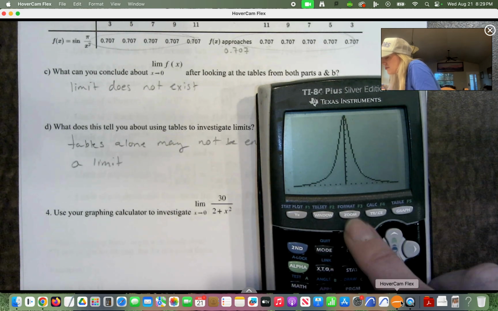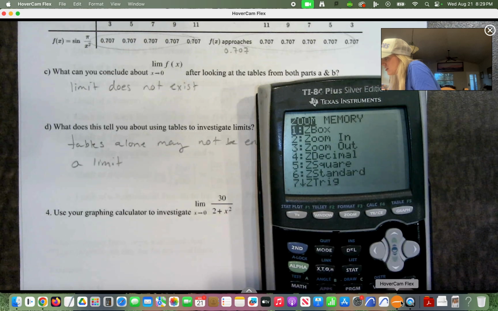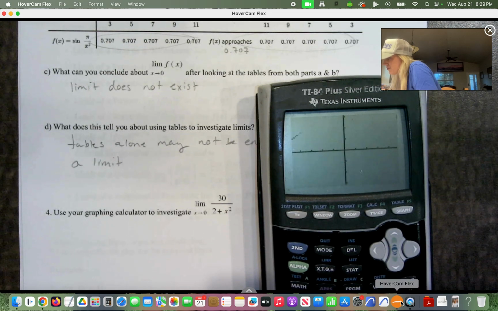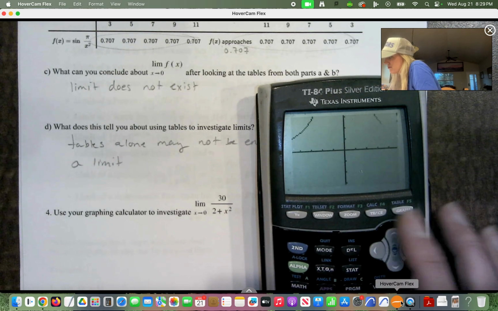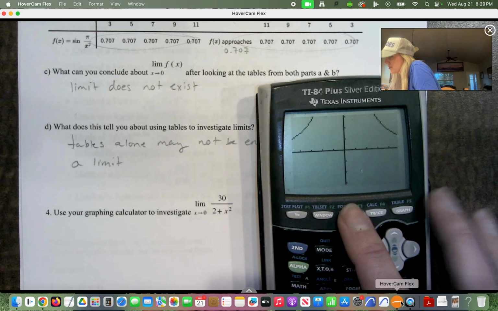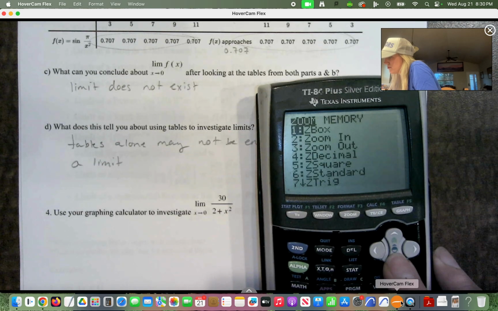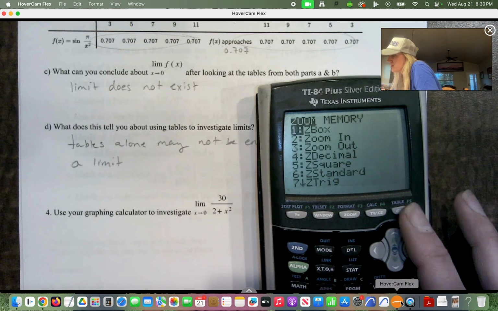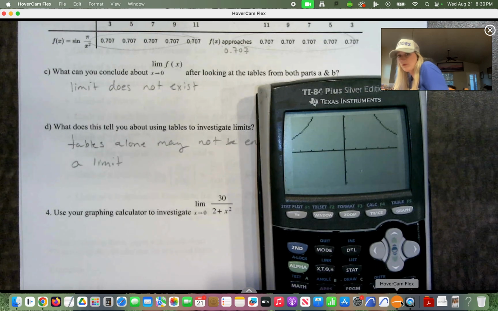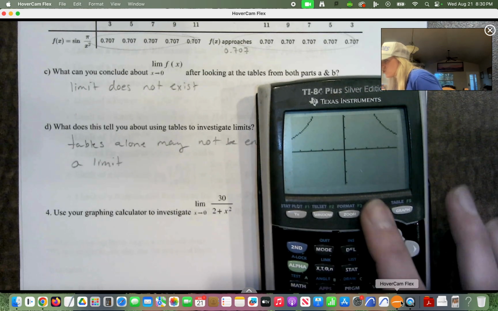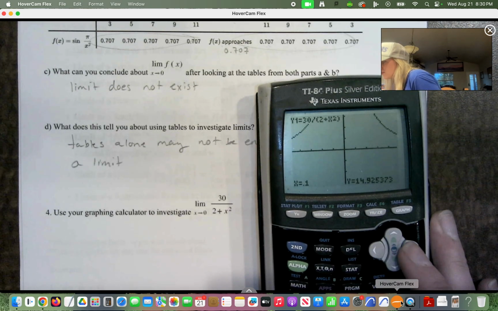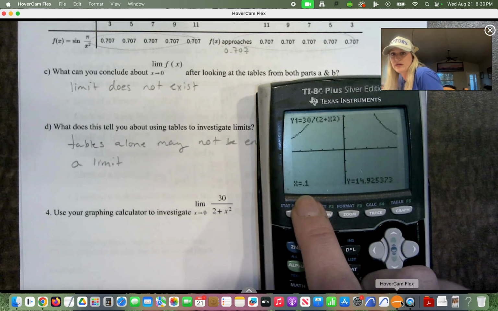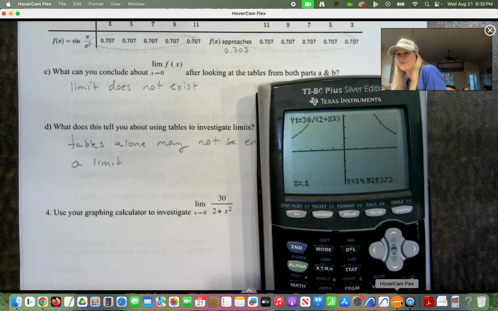So another cool option here is I can hit zoom decimal. Now that I'm in zoom decimal, I'm going to go back to my graph. To see that, if I hit this trace option, the x value goes up by 0.1. So it really increases at a small value, which is kind of nice when we're finding limits.